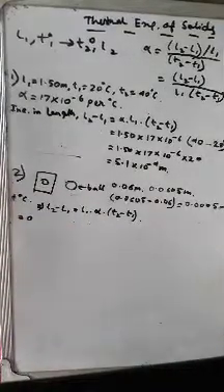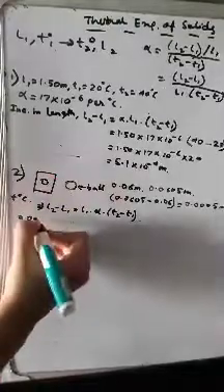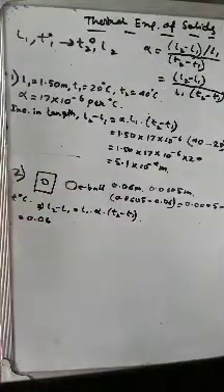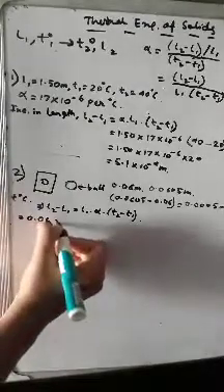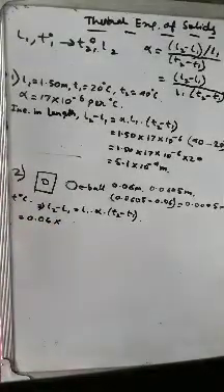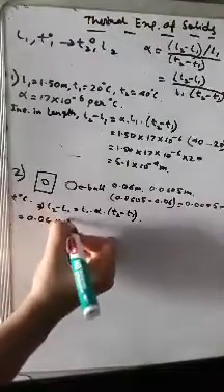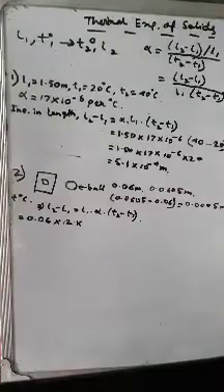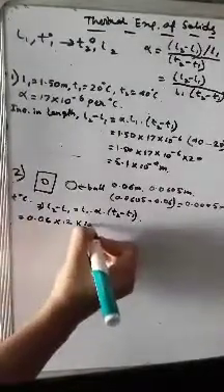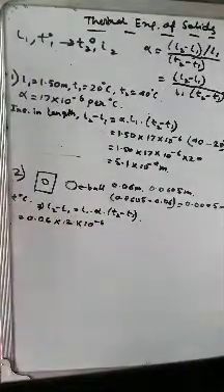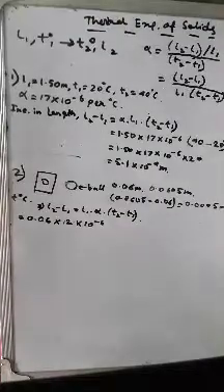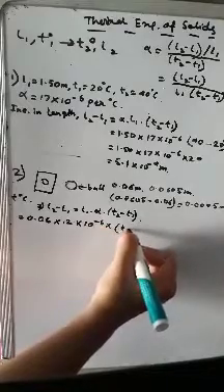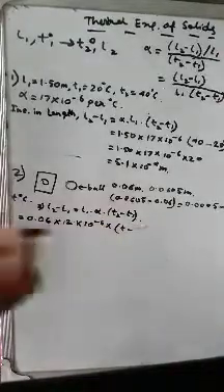L1's value is here, this 0.06, into what is alpha's value given in the question, 12 into 10 to the power minus 6, into T minus 25.